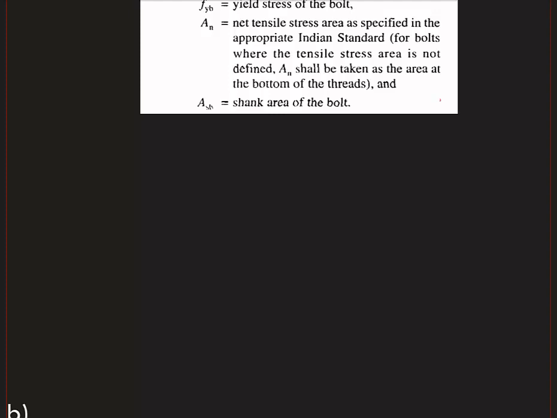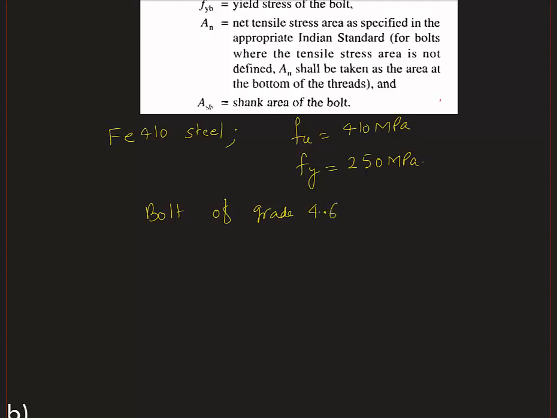So for the plate we have been given Fe410 steel. This means Fu value is 410 MPa. And the corresponding Fy is also given, that is 250 MPa. Now for the bolt we have grade 4.6.